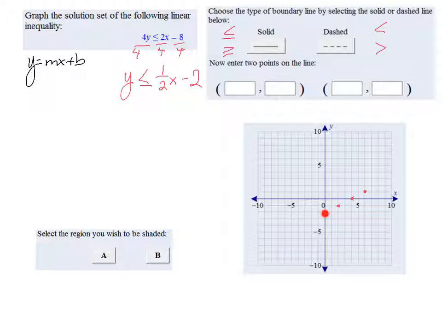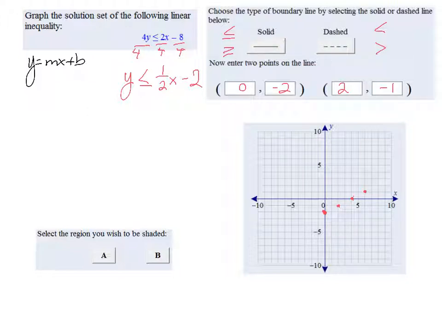I'm going to just use this very first one. That ordered pair is 0, -2. That's what I would type in here, 0, -2. And then I have to pick another point, and any of those 4 that I plotted would be fine. I'm going to do the next point, which looks like it's over 2 and down 1. So that would be that ordered pair.